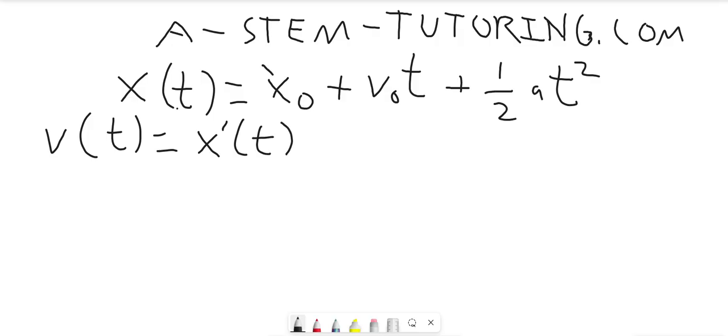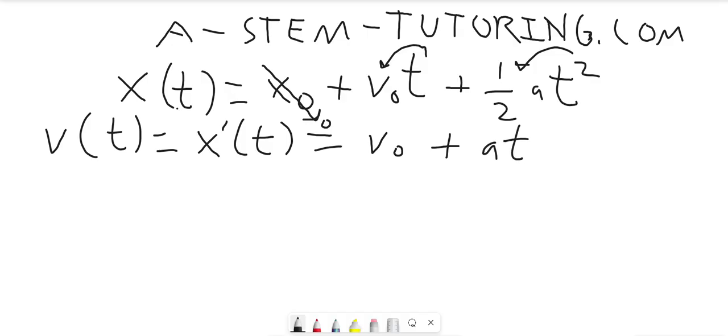The derivative of a constant is 0, because if you had the function y equals a constant, it is a straight line that's completely flat, its slope is always 0. So this equals, t is our variable, so the exponent 1 comes out, 1 times v naught is still v naught, plus the 2 comes out, times a half, they cancel out, and 2 minus 1 is 1, so we have a t to the first power, which is at.